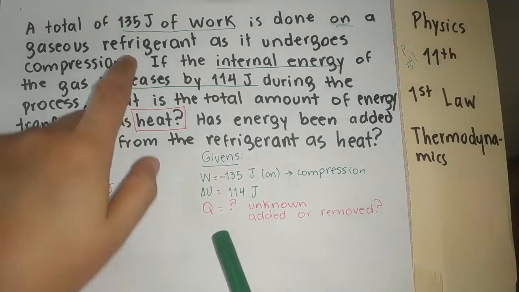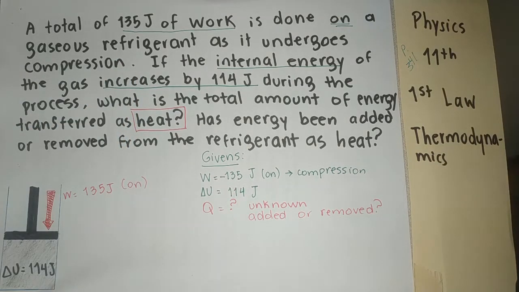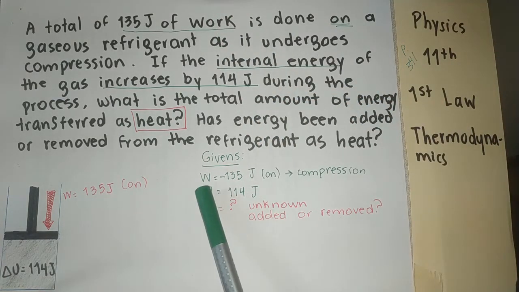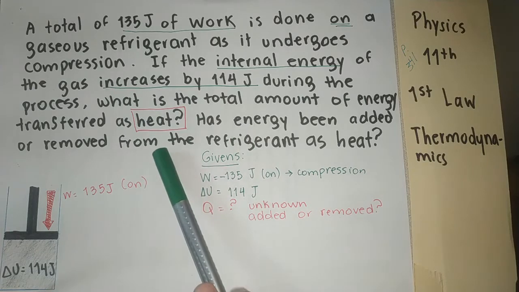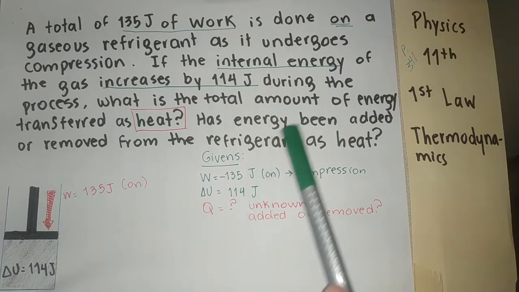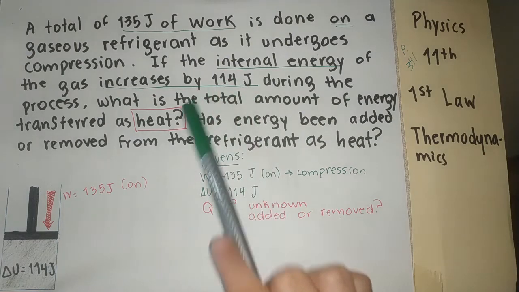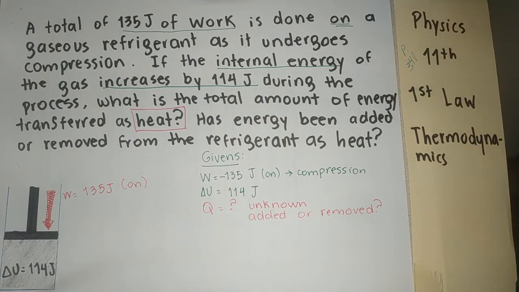Now, the second given is the internal energy. How do we name internal energy? You know, work is W. Heat is going to be Q. Internal energy is going to be U. So if the internal energy increases by 114 joules, the problem is giving me the second valuable piece of information, that is, internal energy equals 114 joules.